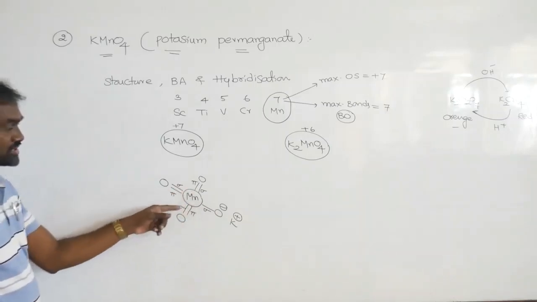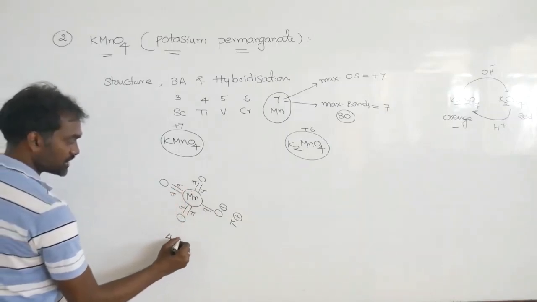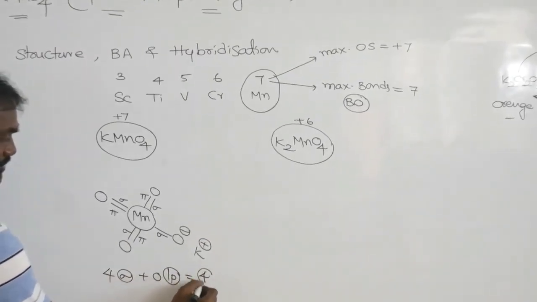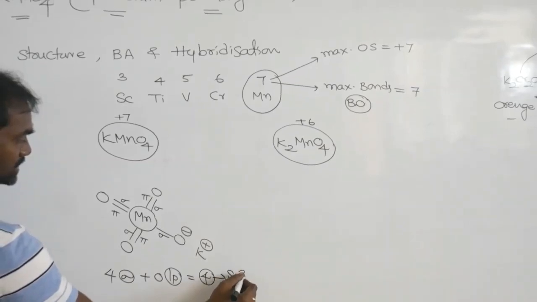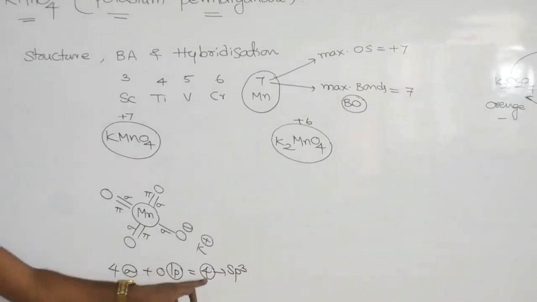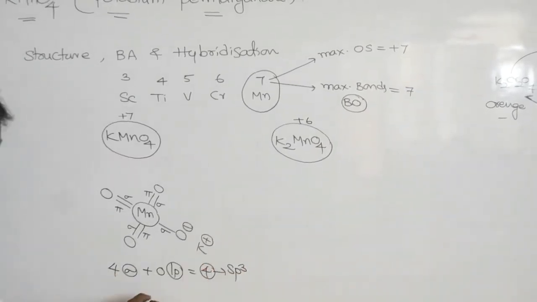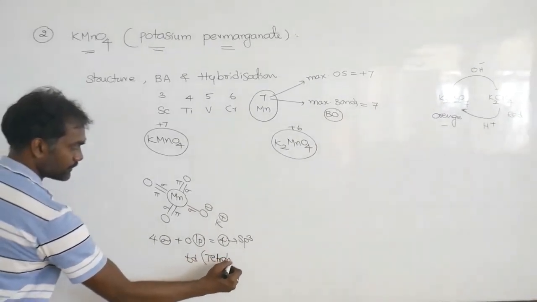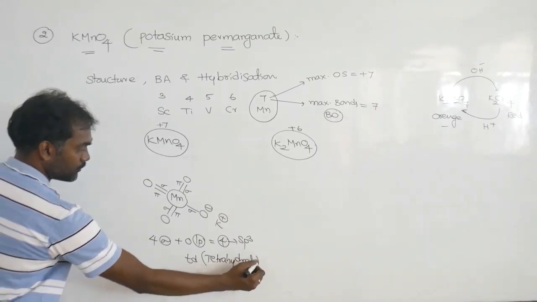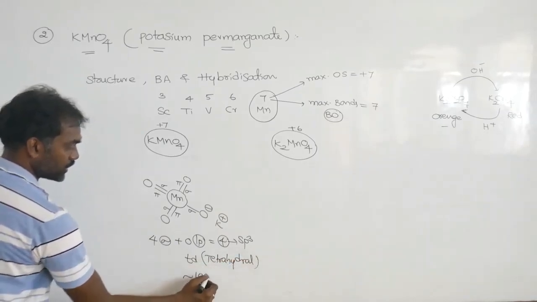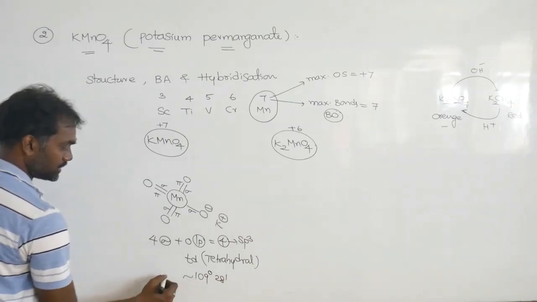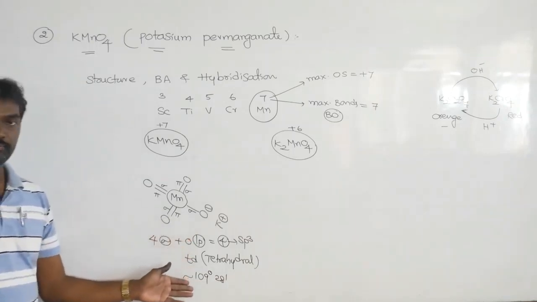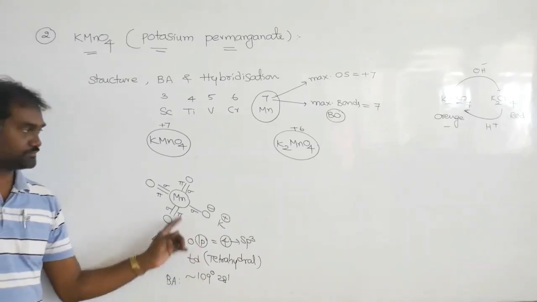So we have 4 sigma bonds, 0 lone pairs. 4 plus 0 means 4. 4 means hybridization sp3. 4 out of 4 are sigma bonds. So that's why the structure is tetrahedral. So the bond angle is nearer to 109 degrees 28 minutes. Everything you know these things in your chemical bonding chapter of first year.